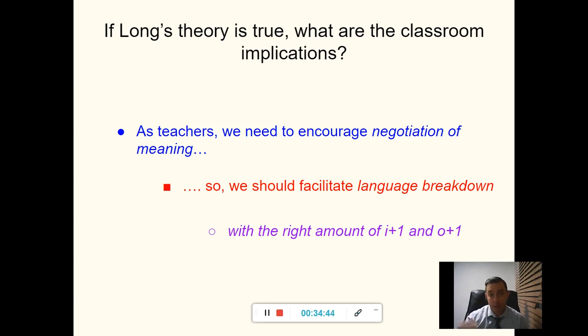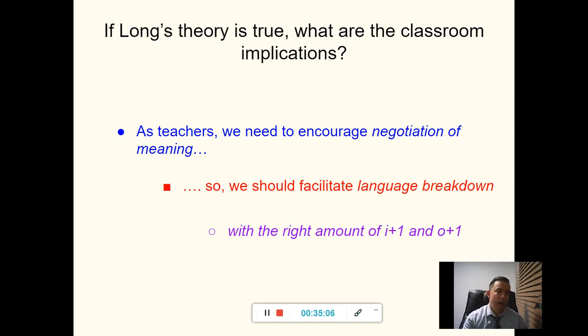Okay? We've got to keep challenging your students so that they're in a position where they have to ask clarification requests, right? Where they have to ask each other comprehension check questions. Do you know what I'm saying right now? Right? That kind of situation.